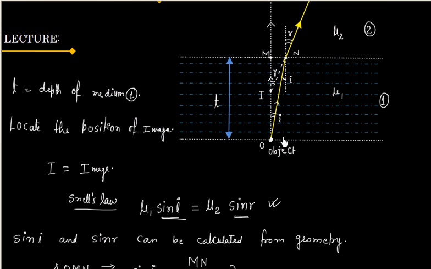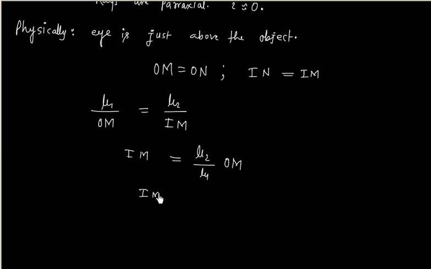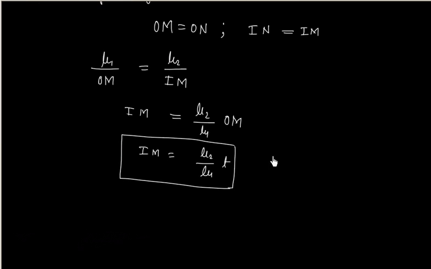And OM is nothing but t, the object distance from the interface. IM is nothing but the image distance from the interface. This is equal to mu2 by mu1 into t.